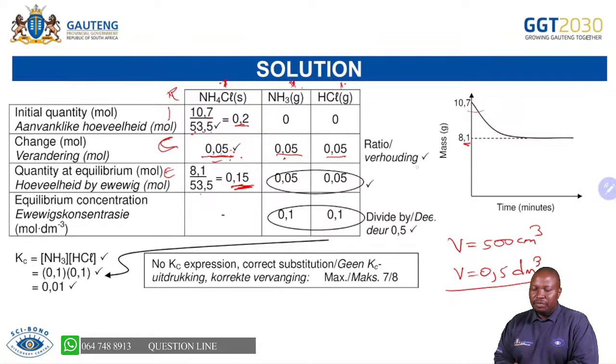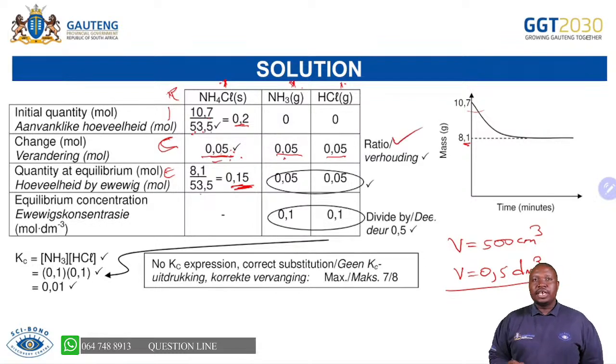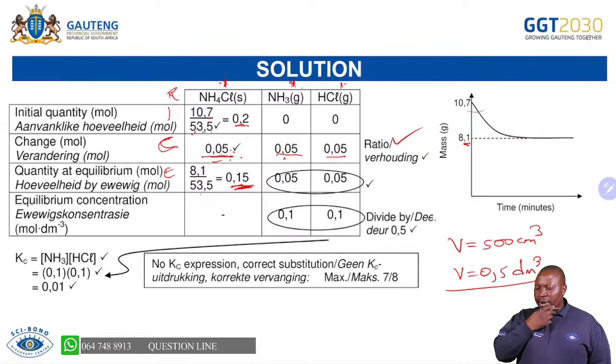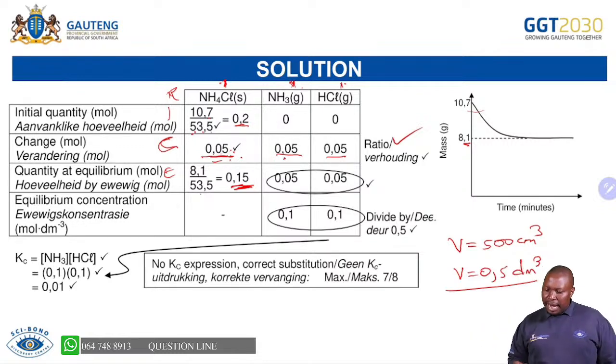Please don't forget the importance of the mole ratio, because when you're marking, you can see that you have the mark for the ratio. So when we're marking, we'll look at the ratio. As long as you got the correct ratio, you'll get that 1 mark of the ratio. And then the next mark now will be for your change. Now you can see here you are changing something.